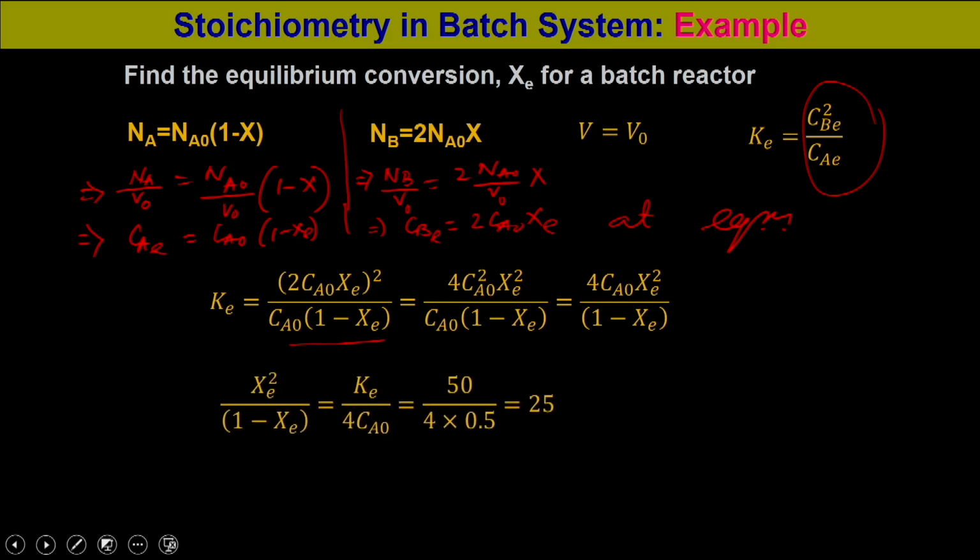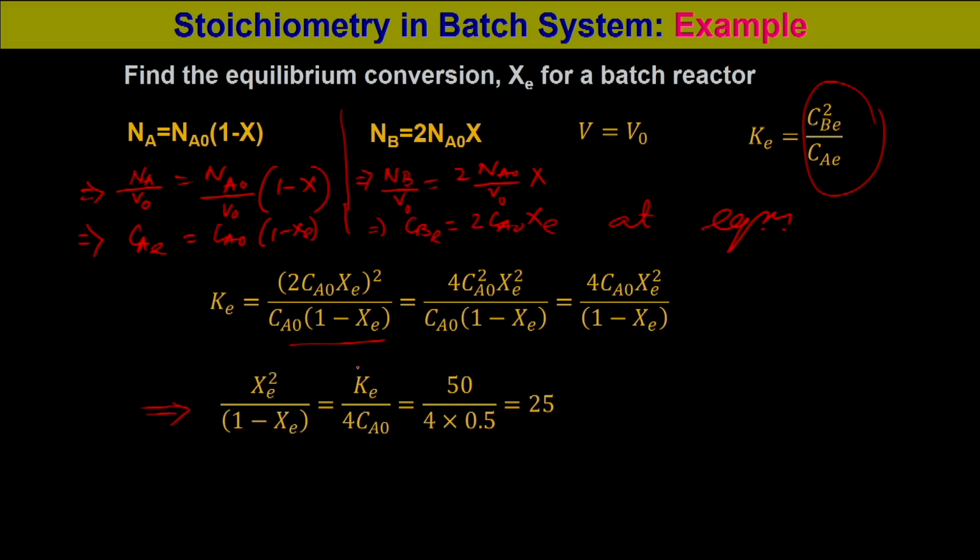Now if we just rearrange this relation, we will get Xe square divided by 1 minus Xe equal to Ke divided by 4 Ca naught.